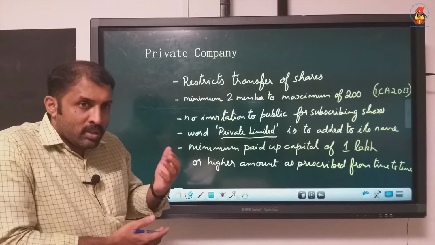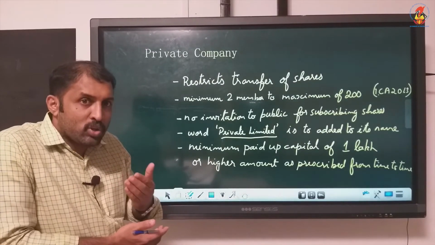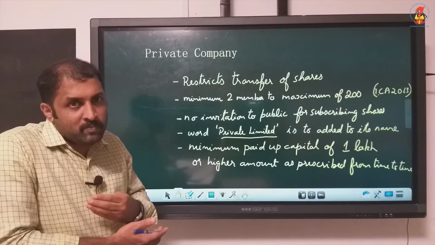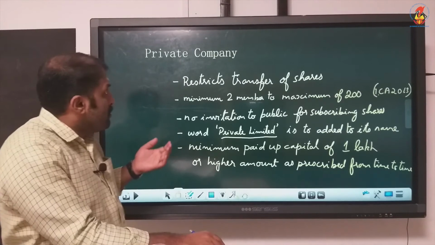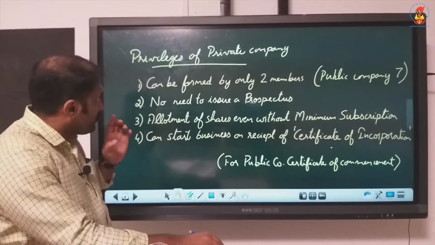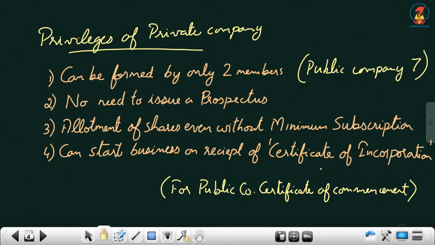A private company is that company which restricts the transfer of shares and does not invite the general public to subscribe for shares. Now, why go for a private company? There are some privileges for a private limited company, which is why people opt for it. First, it can be formed by only 2 members.